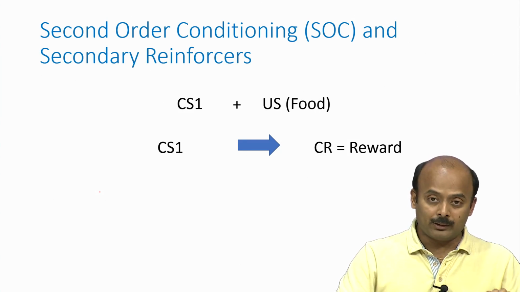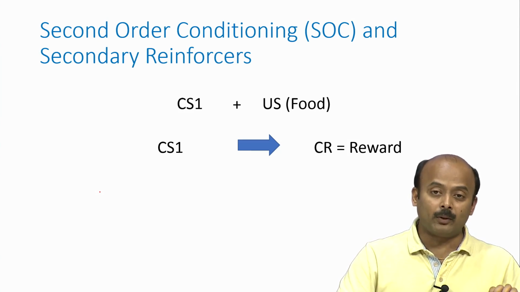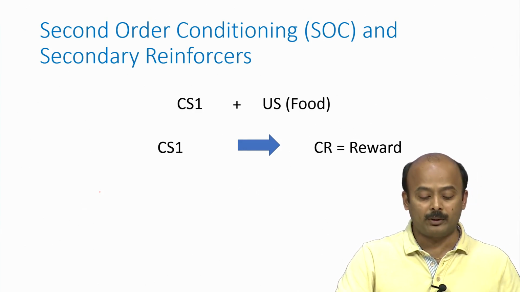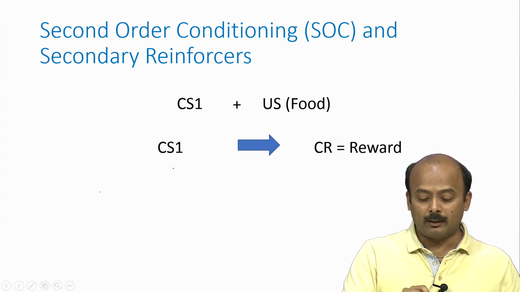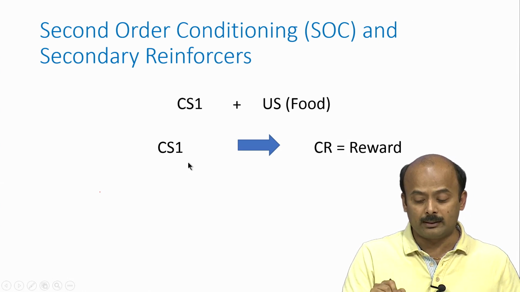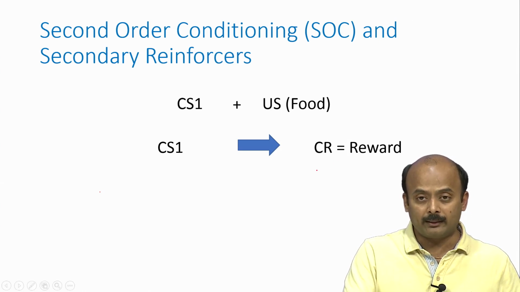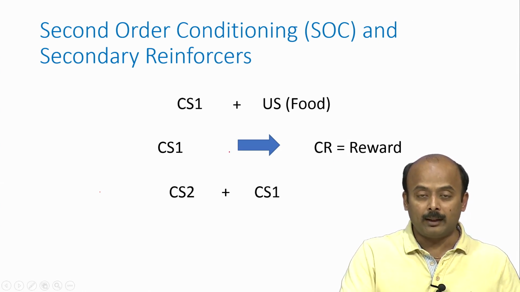So, it turns out the animal can actually form a higher order association. What do I mean by higher order association? Having learned to the point where the CS1 can by itself elicit a response, you can take this CS1 and pair it with another CS, a new CS.